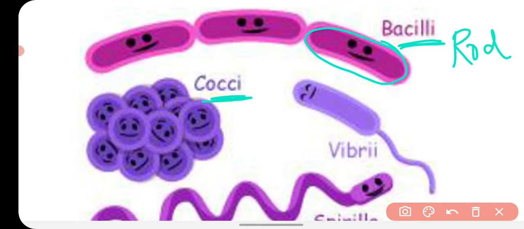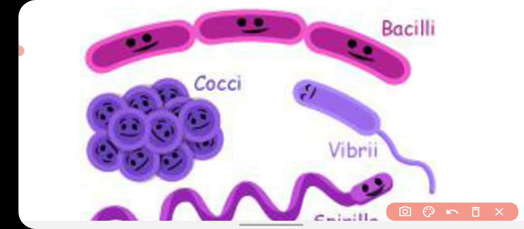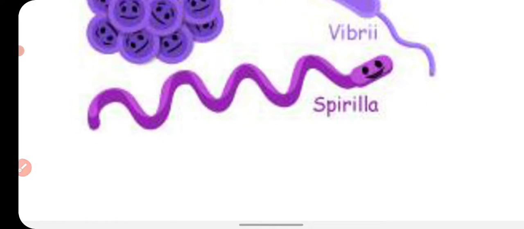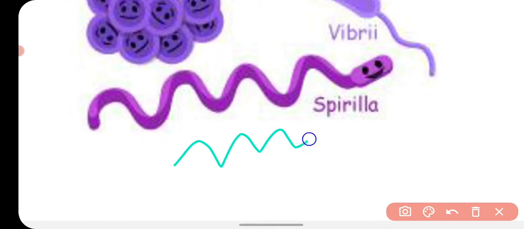The second is cocci, in which the bacteria are rounded, spherical. The third is vibrio, in which the bacteria are in the form of a comma, and spirilla is the shape of bacteria which occurs in the form of a spring.